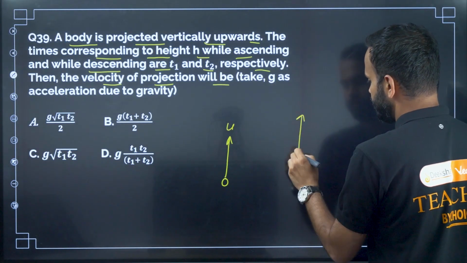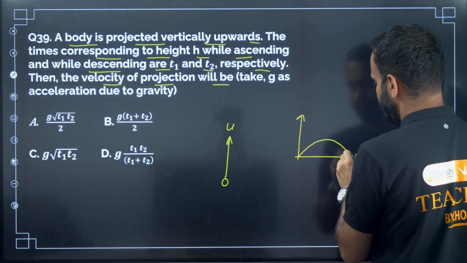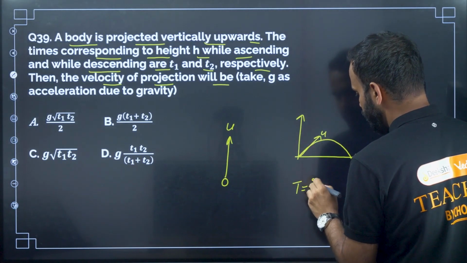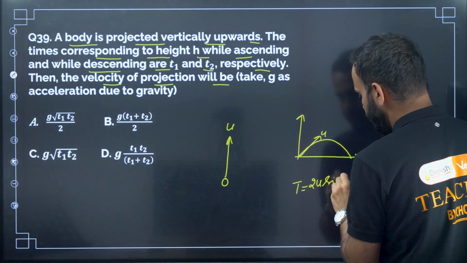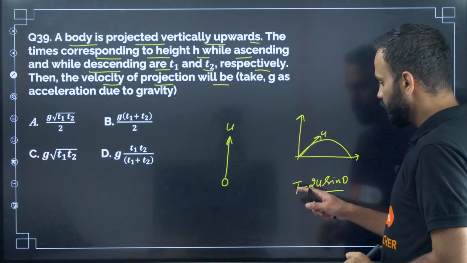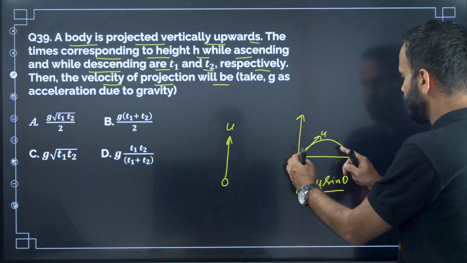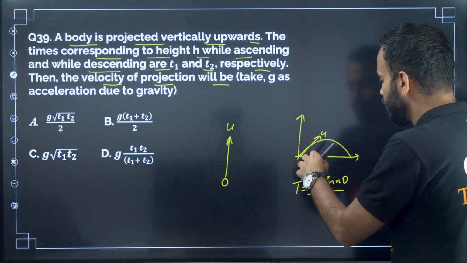In projectile motion, the time of flight T is equal to 2u sin theta divided by g. The time of flight is the total time taken by the projectile to complete this path.